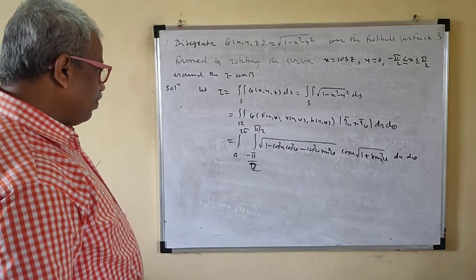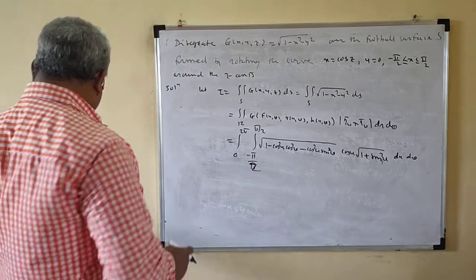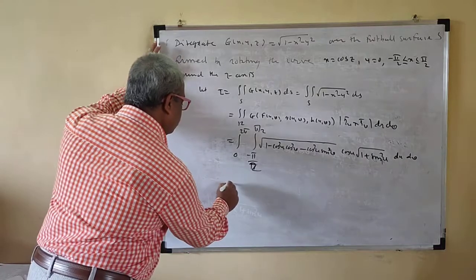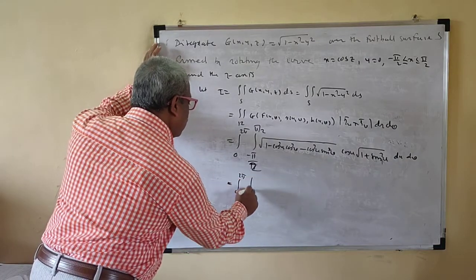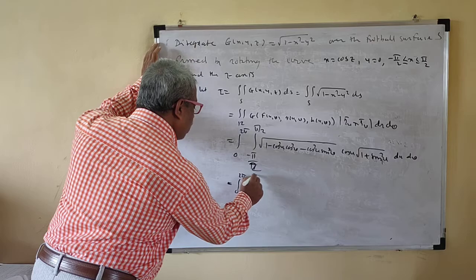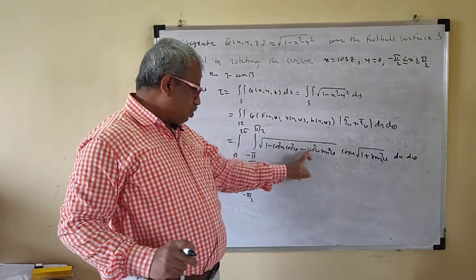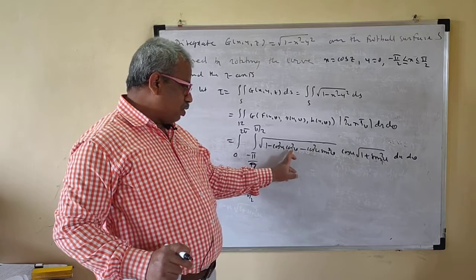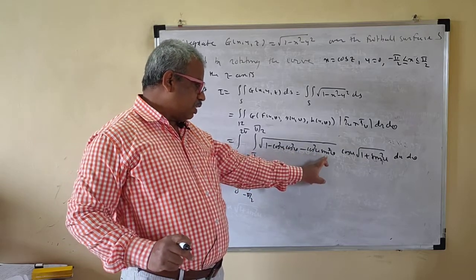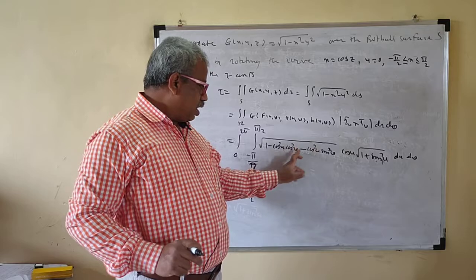Okay, now we'll check the value of this one. So this is 0 to 2 pi, minus pi by 2 to pi by 2. Okay, so now we'll find the value of this one. If you take cos square u common, minus cos square u, so cos square u plus cos square u sin square v, it will be 1.